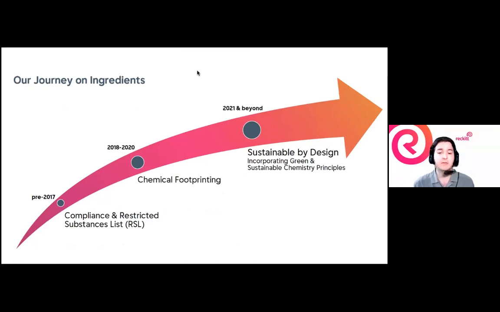In recent years, as we started to develop our sustainability strategy, we've also started focusing on chemical footprinting, both to gain a broader understanding across the whole company of where potential issues might be, to anticipate regulation, and to be able to focus on innovation.